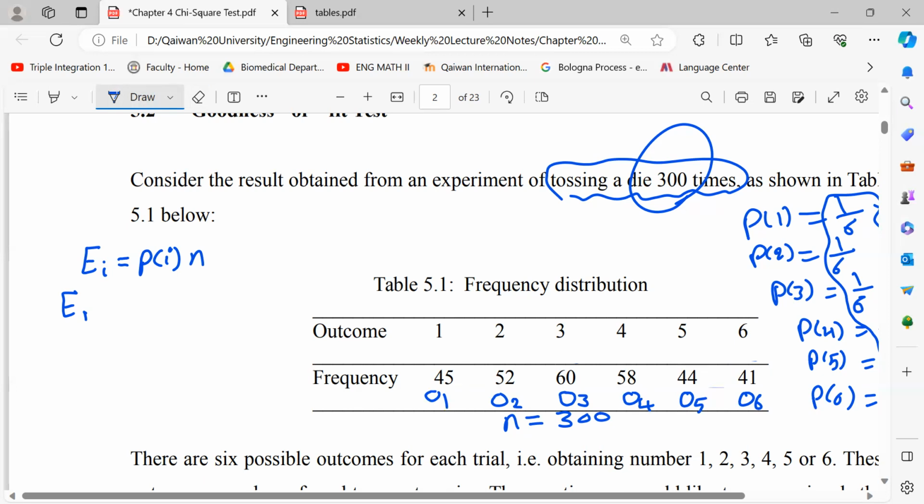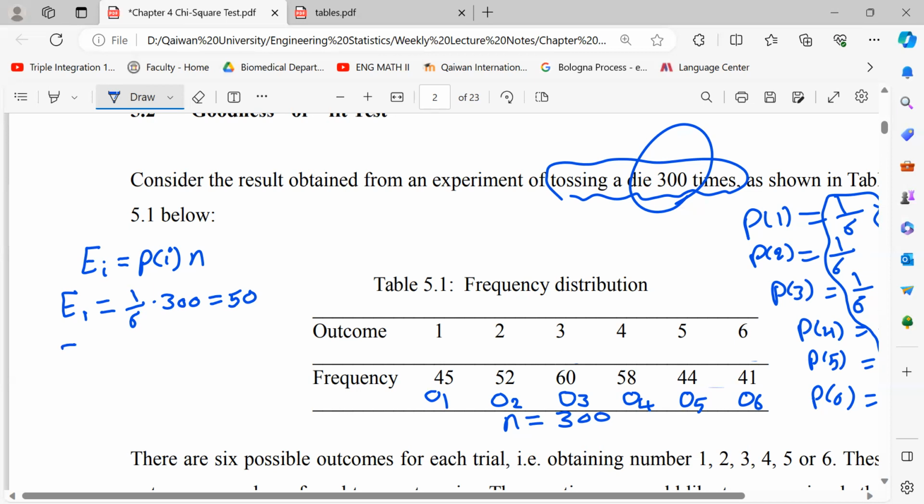E1 is P of 1 times N. N is 300. P of 1 is 1 over 6. Times 300, that's 300 divided by 6, which is 50.